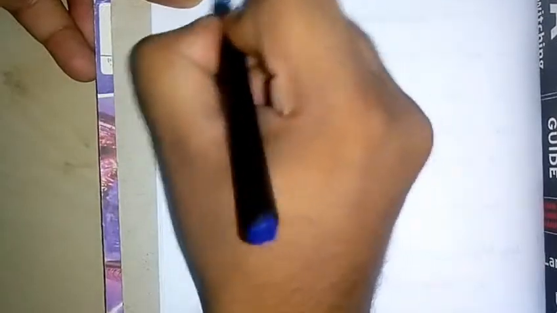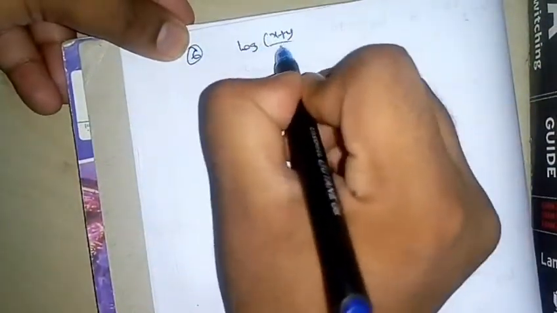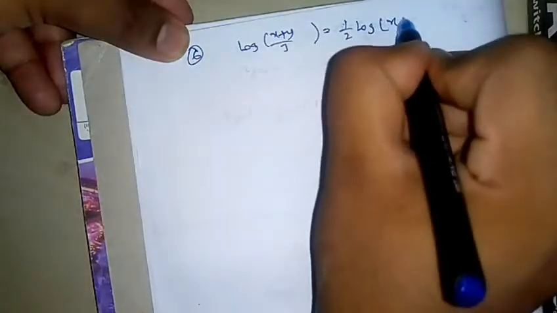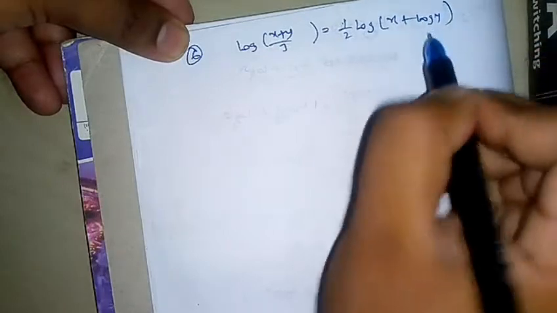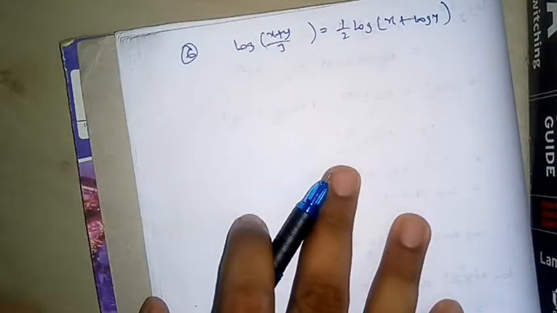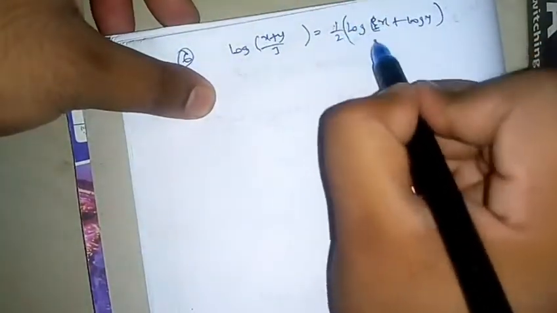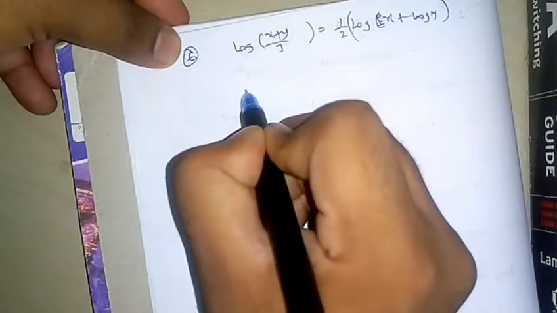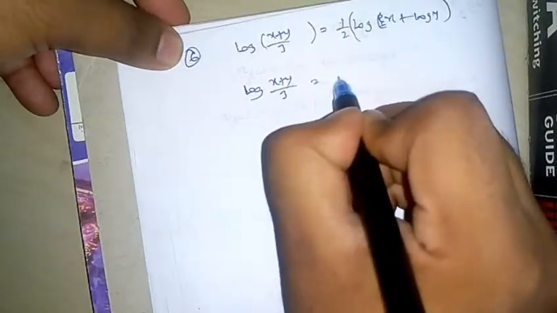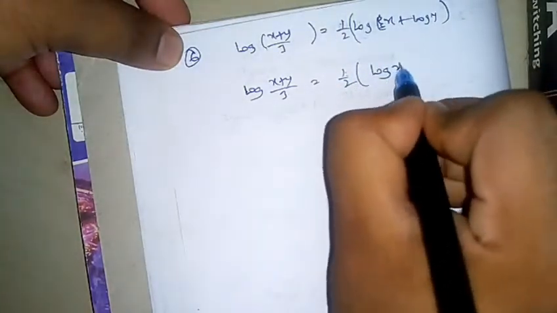Let's solve the sixth question. Log (x plus y) by 3 is equal to 1 by 2 (log x plus log y). So you are given log of (x plus y) base 3 is equal to half of log x plus log y, which can be written as log xy.